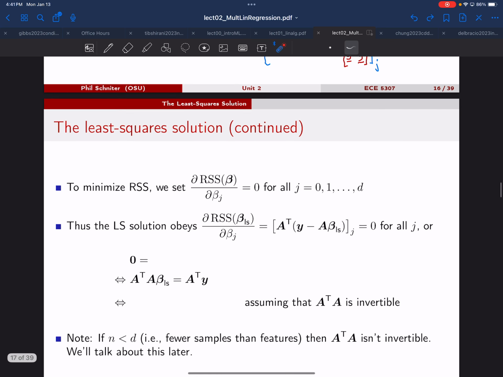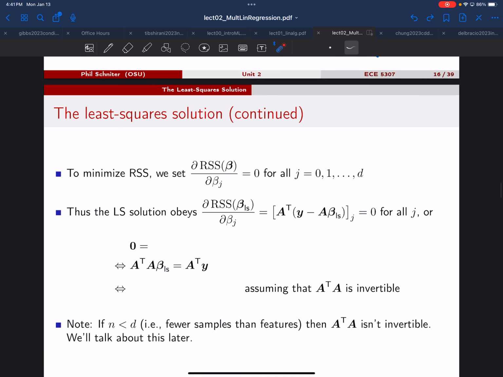All right. The reason we're doing it this way is that, remember, our real goal is to set all the partial derivatives to 0. If I look at the jth partial derivative, it's this vector's jth term equals 0. If I want this to happen for all terms, that entire vector must be 0. So that's what I have down here: A transpose times the quantity y minus A beta.